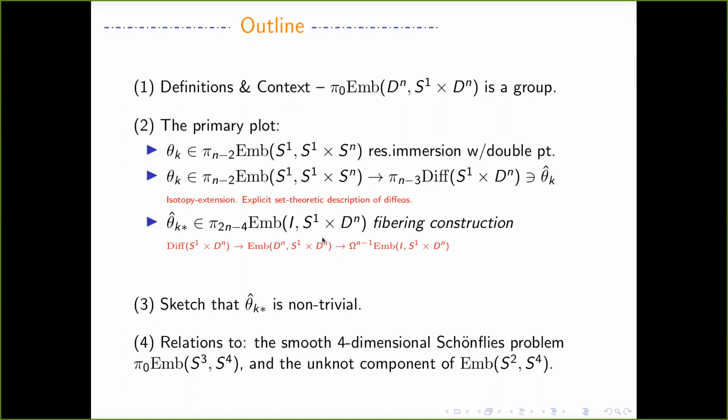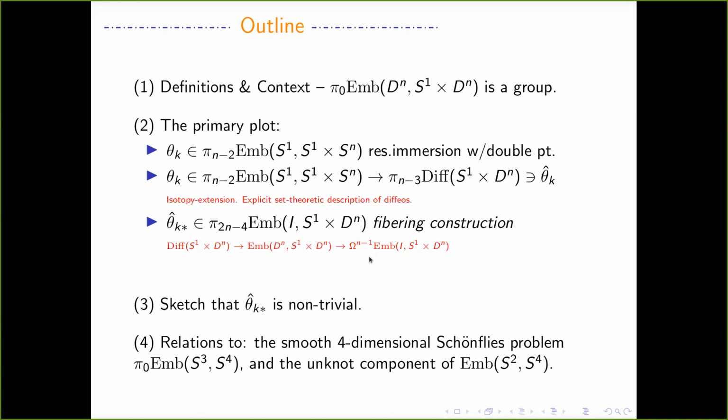The diffeomorphism will re-embed it, and then we do this construction that we just call fibering, where you think of Dn as an interval cross a Dn minus 1. From that point of view, this embedding produces an element of the n minus first loop space of the space of embeddings of an interval with the endpoints fixed on the boundary in S1 cross Dn.